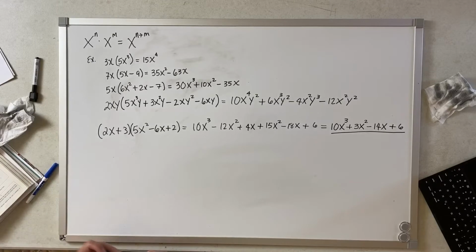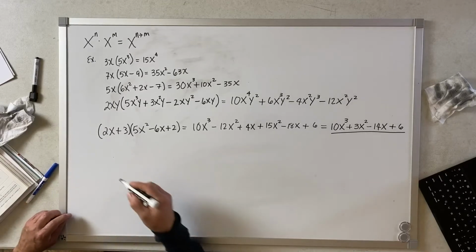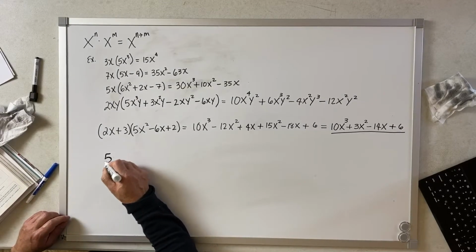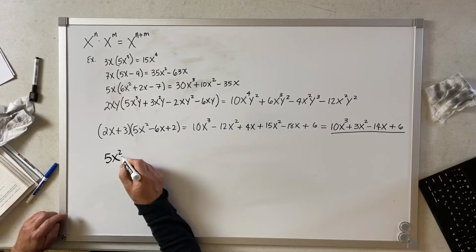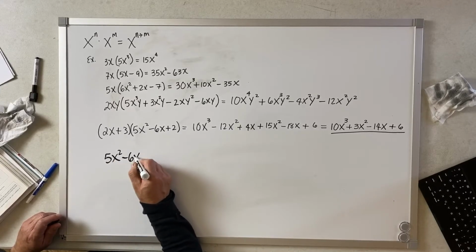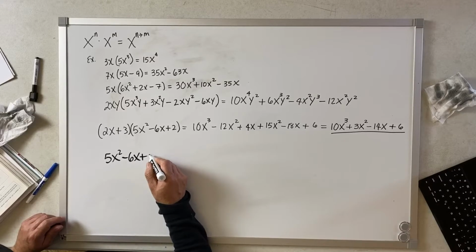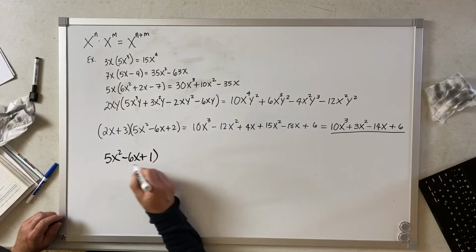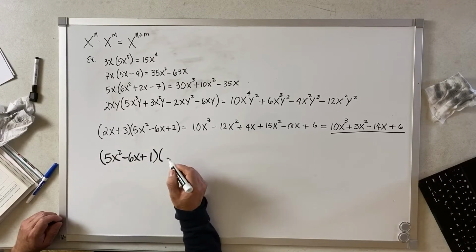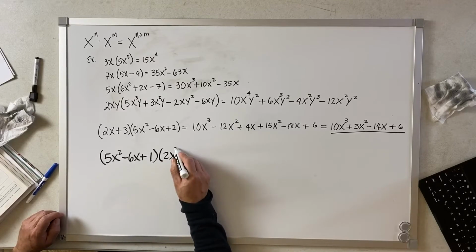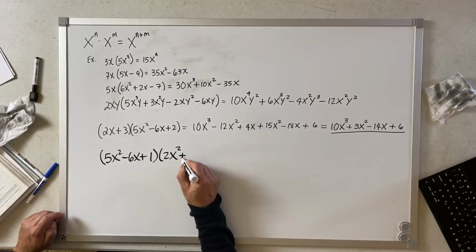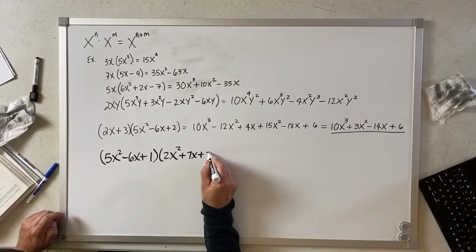Let's see if I can write with this thicker pen. Let's multiply 5x squared minus 6x plus 1 times 2x squared plus 7x plus 2.